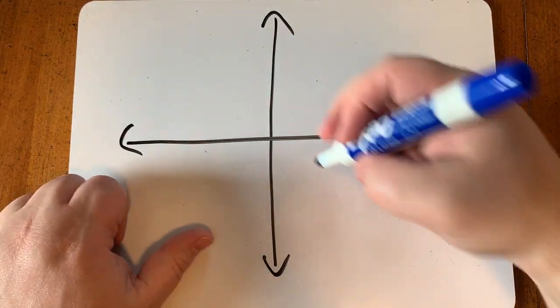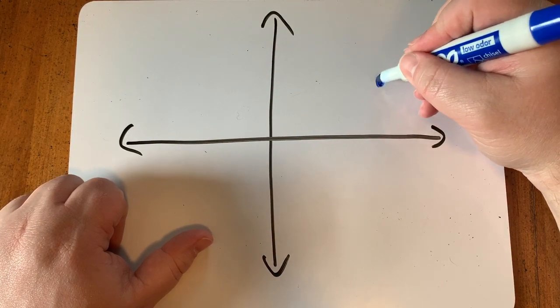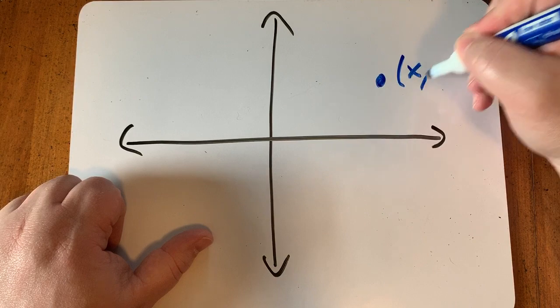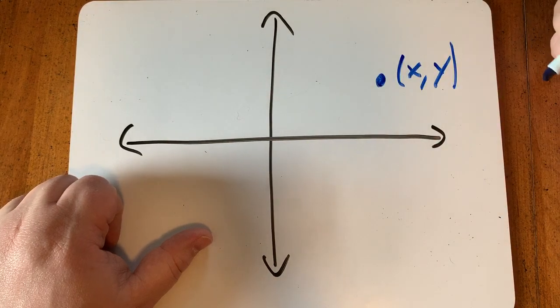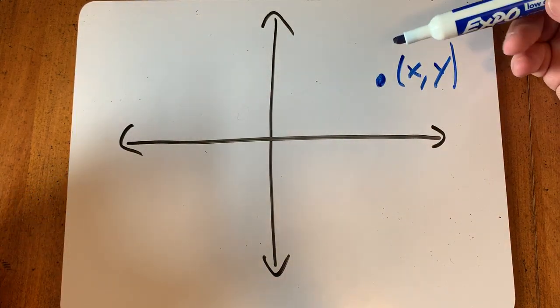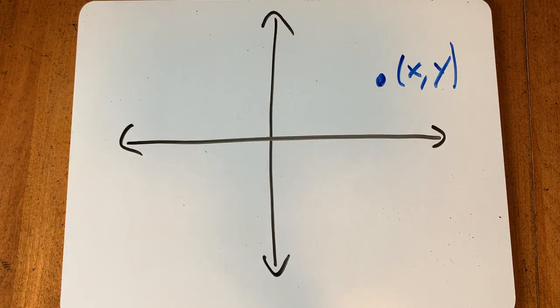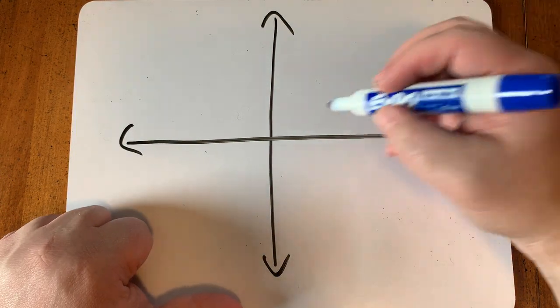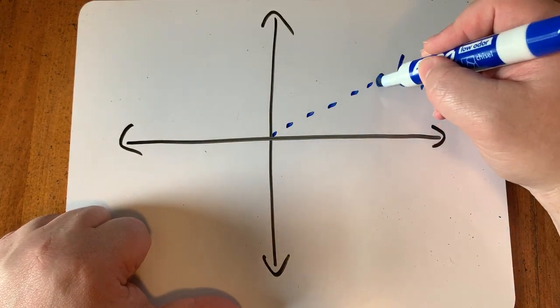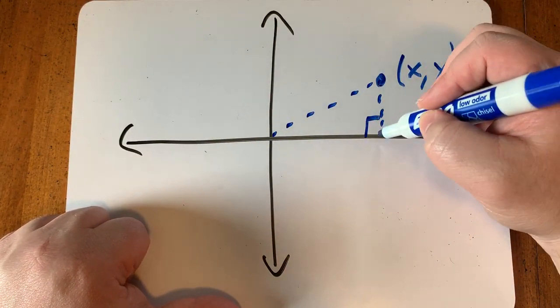So if we have our original point, I'm just going to say xy. And xy could be anywhere in the plane. I'm just putting it in the first quadrant just because it's the easiest for us to grasp when it's positive. With this xy, you could make that right triangle.